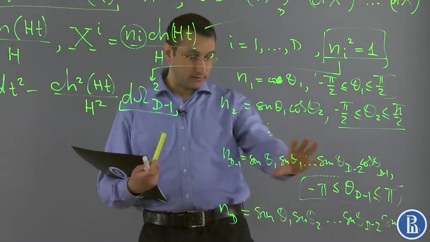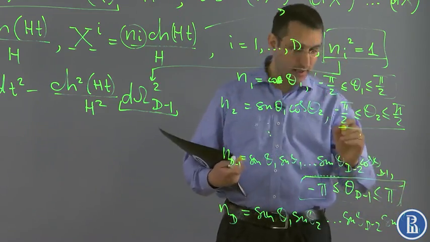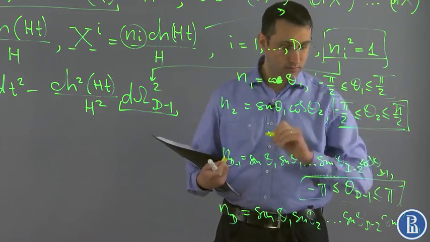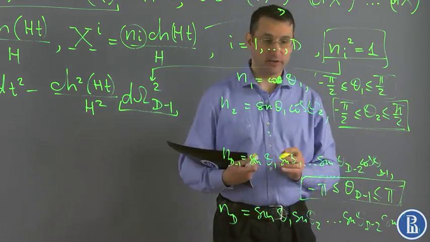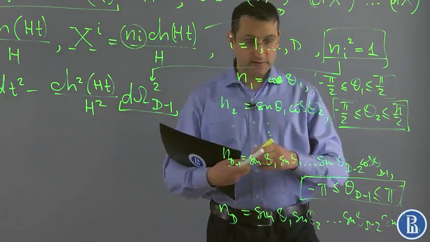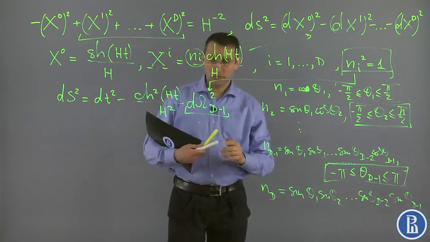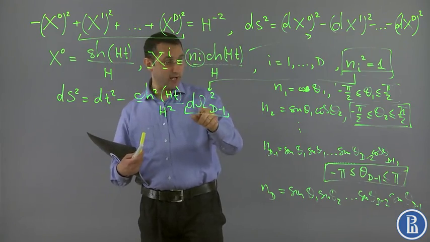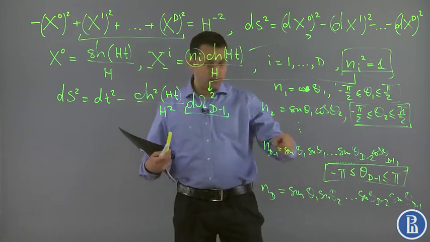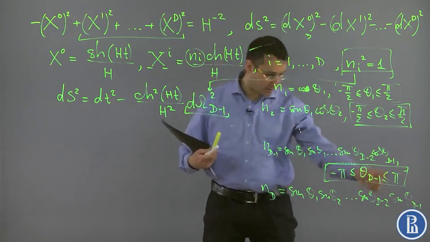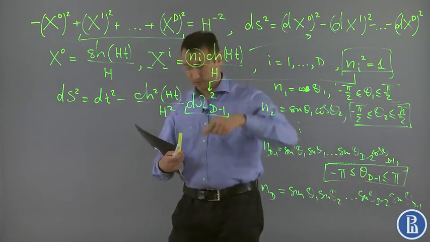All the angles except one take this range, and only one angle ranges here. In case d equals 2, we obtain only one angle, phi, or theta 1, and that is a circle.